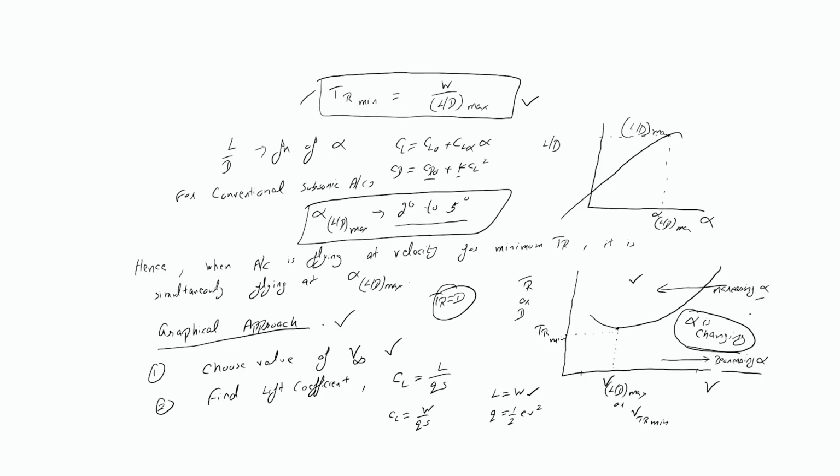Alright, so please keep these things in mind, but also please note, as the velocity is decreasing in this direction, thrust required also decreases. It becomes minimum at this point, but again at lower velocities, thrust required increases again.